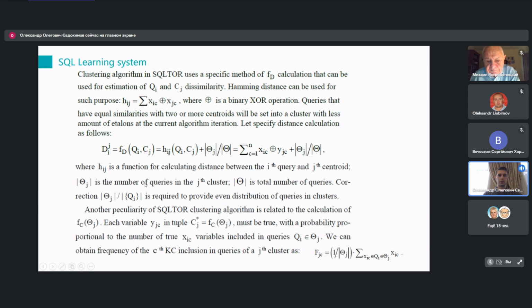Theta is the number of queries in a cluster. Theta is the total number of queries. Another peculiarity of the SQL tool clustering algorithm is related to the calculation of the distance between queries to check if the query is similar.